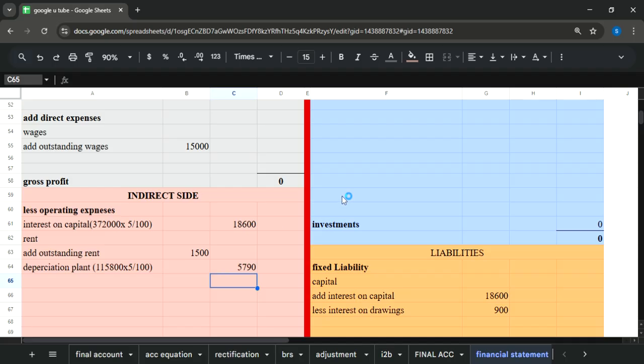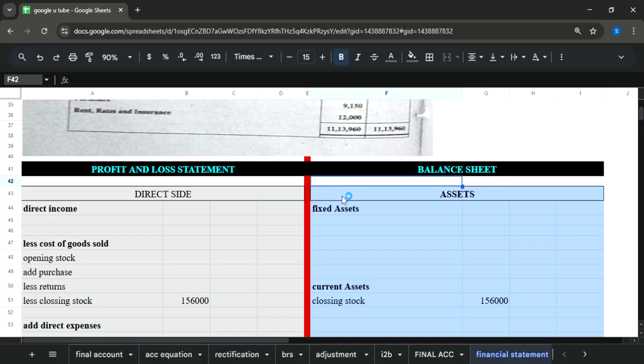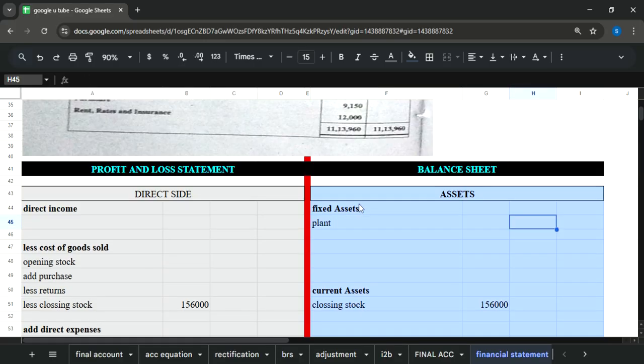For the second effect, you will go to your fixed assets. Here you will mention your plant, and the amount of plant which you have seen, 115,800, and then you will subtract its depreciation which you have just calculated.